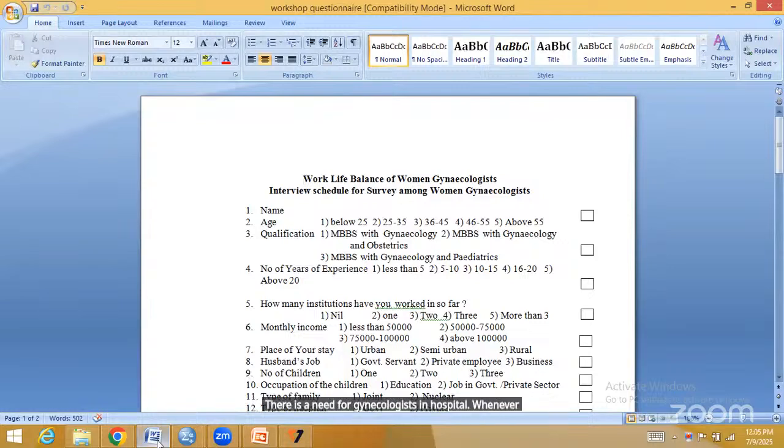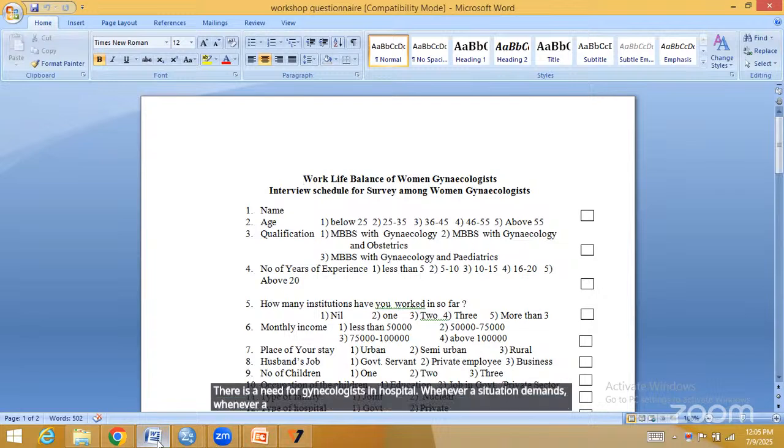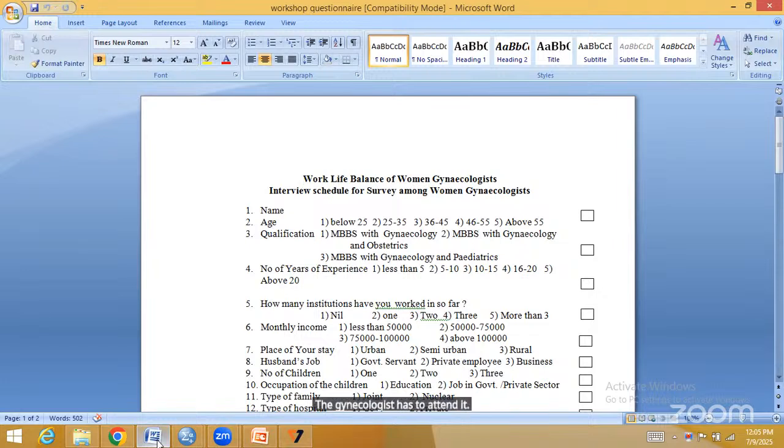Whenever a situation demands, whenever a particular case is to be attended, the gynecologist has to attend it, particularly women gynecologists. So they may not be able to balance their work life with the family life. So there may be the possibility of work-life conflict and family-life conflict. Work-life conflict influences family-life conflict, or family-life conflict influences work-life conflict. There is a two-way relationship.